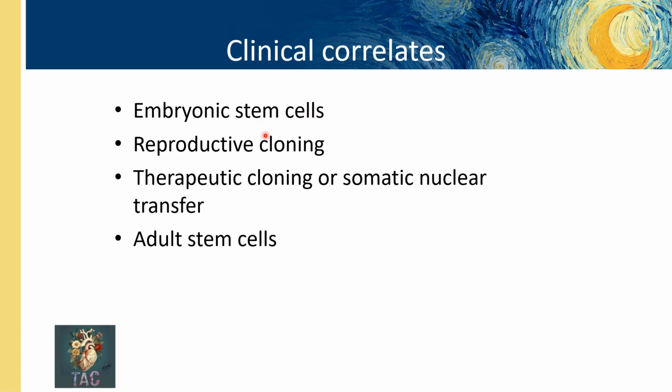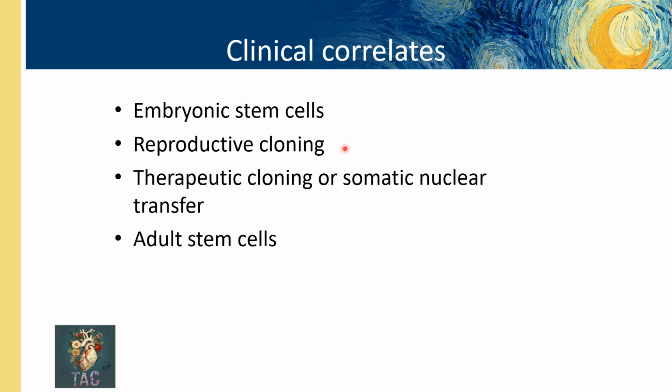These cells are obtained by the process of reproductive cloning. There are two disadvantages with this process. The first disadvantage is that these cells do not resemble their host genetically, so there may be a rejection process. And the second disadvantage is that these cells are taken from a viable embryo, so there are ethical objections as well.